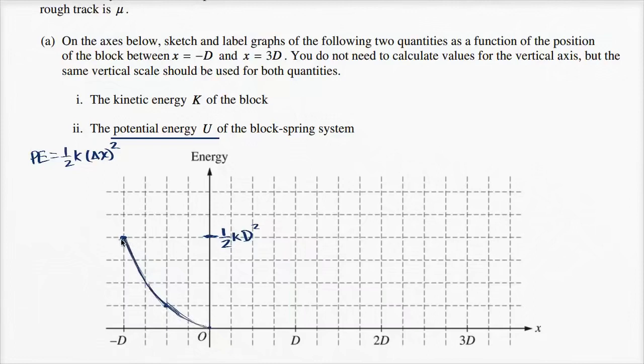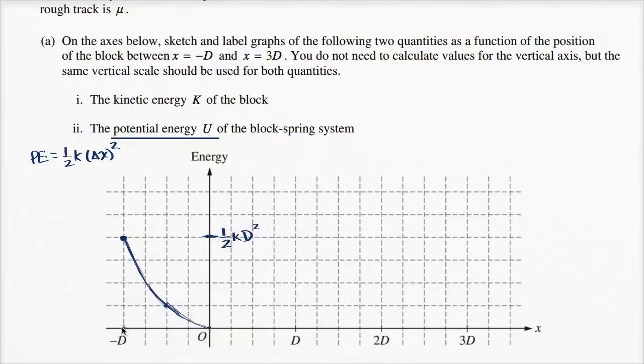Now, when the thing is fully compressed and then you let go, what happens? Well, that potential energy is turned into kinetic energy. As the spring accelerates the block, you're going to go down this potential energy curve as you go to the right, but then it gets converted to kinetic energy. So the potential energy plus the kinetic energy needs to be constant, at least over this period from x equals negative d to x equals 0.